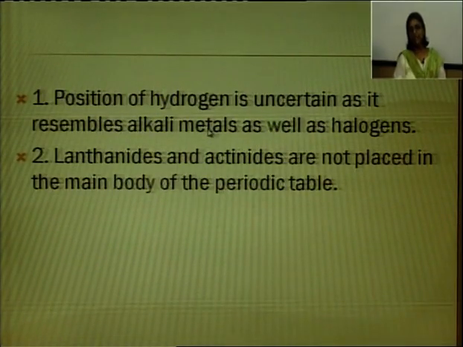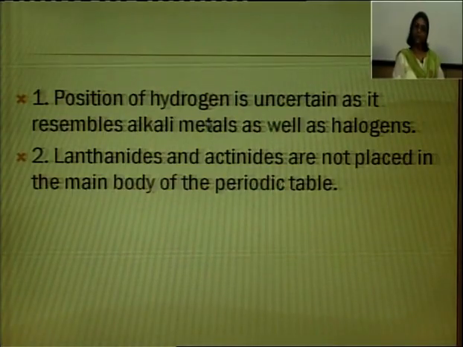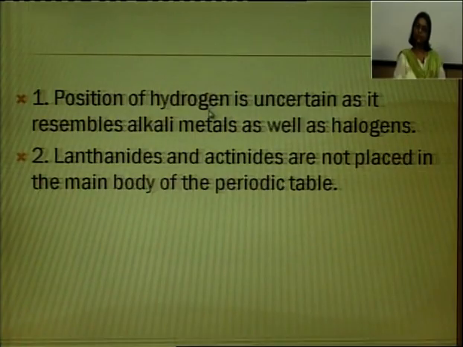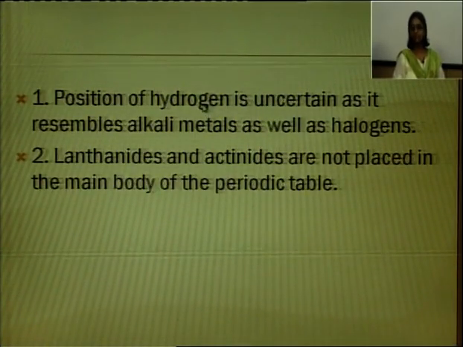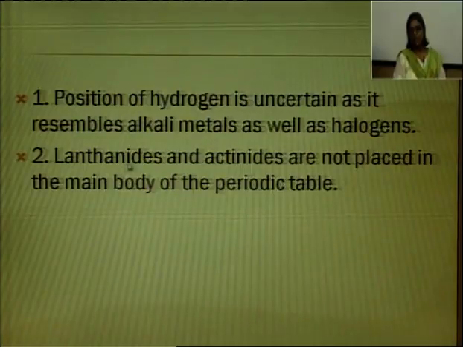In the same way, helium. Helium actually belongs to the s block elements, but since its electronic configuration is complete in itself, it has been placed with the noble gases, because the s orbital can have at most 2 electrons. Then there are lanthanides and actinides.